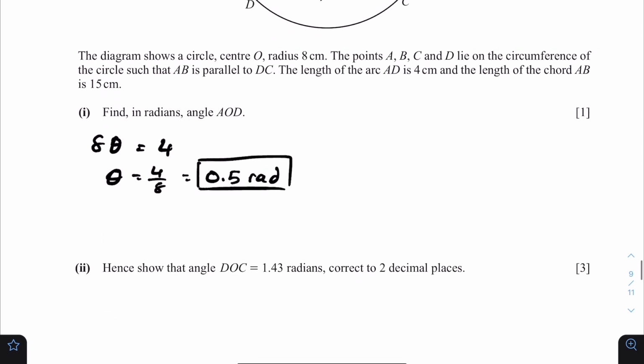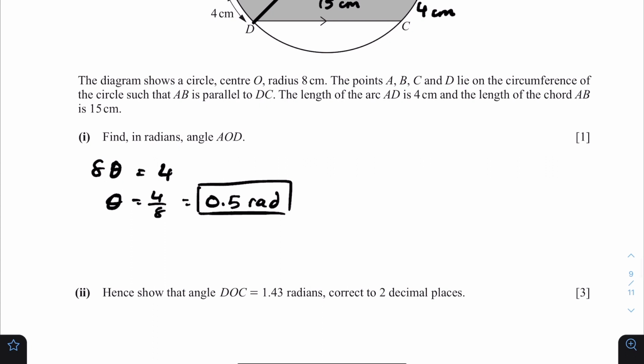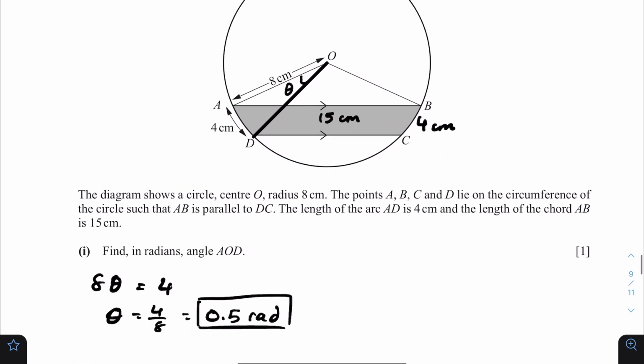All right, so hence show that angle DOC is equal to 1.43 radians. Let's identify DOC first. This here is DOC, we're going to call this alpha. We can use the cosine rule to find what DOC is. Let's assume first that AOB, this angle over here, is alpha, and we're going to find alpha first, and then from there find DOC.